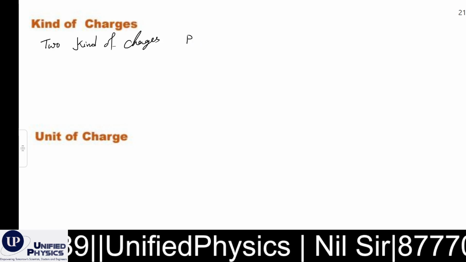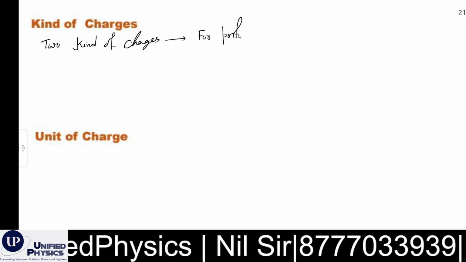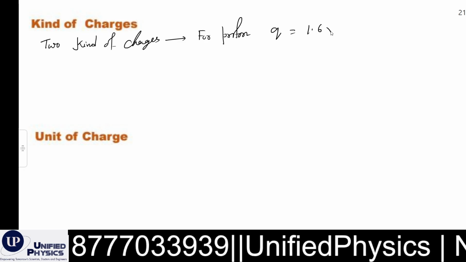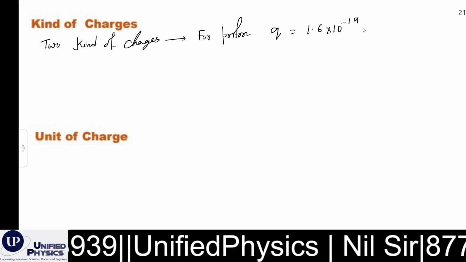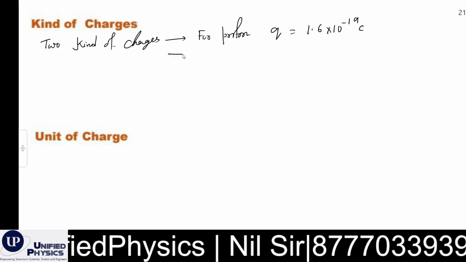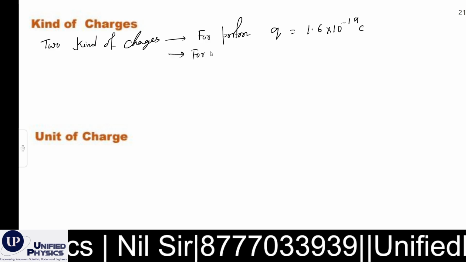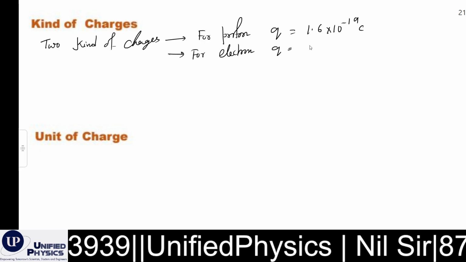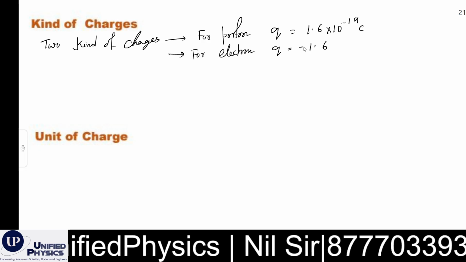So proton charge, you can say for proton, charge is defined by Q equals 1.6 into 10 to the power minus 19 coulomb. And for electron, the same charge, 1.6 into 10 to the power minus 19 coulomb.